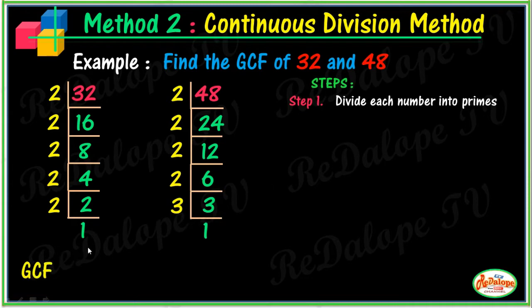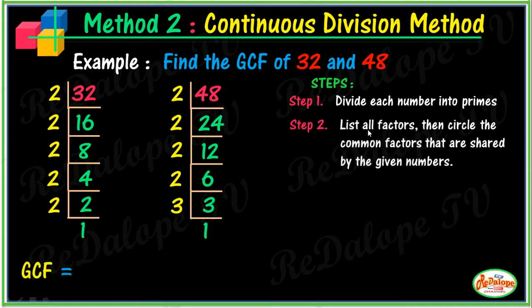Next, how do we find the GCF? To find the GCF, we will list all factors, then circle the common factors that are shared by the given numbers. So the first factor that's shared by the given two numbers is simply 2. So copy 2 here. And another common factor that's shared by the two numbers, so we multiply it again by 2.